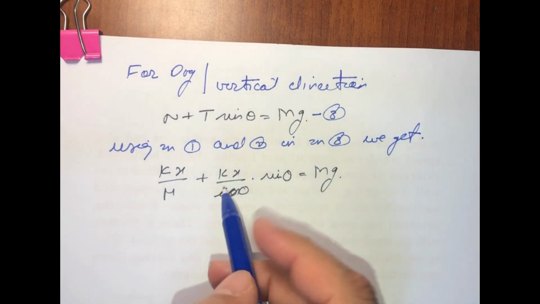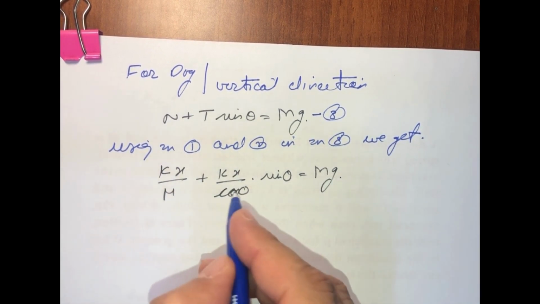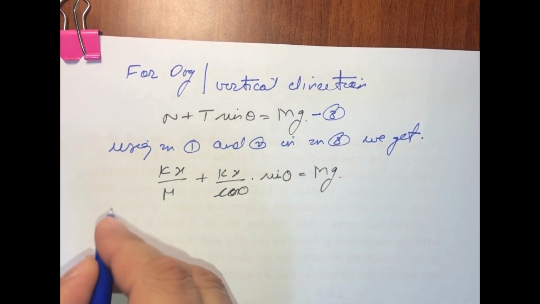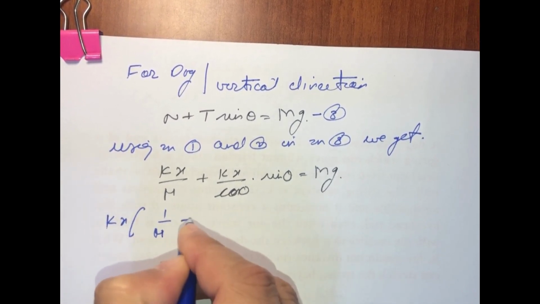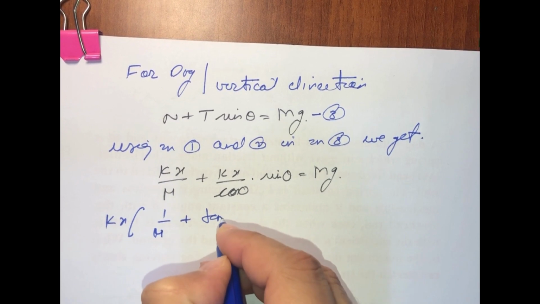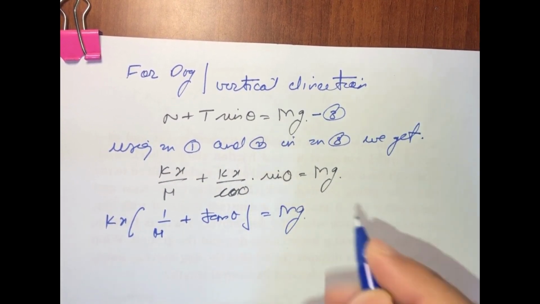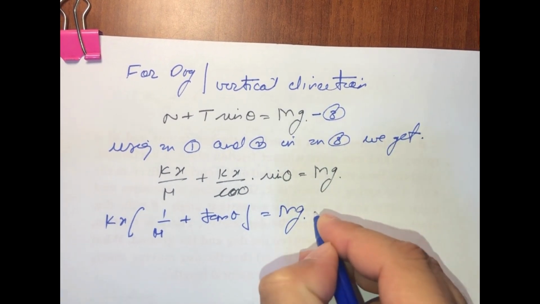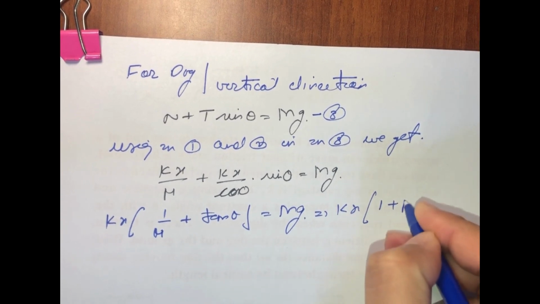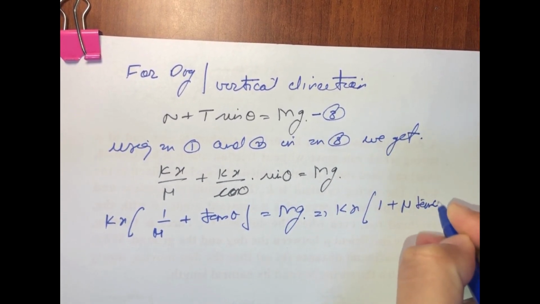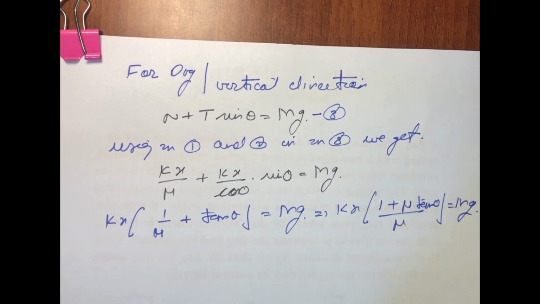So here we can take kx as common. We get kx times (1 upon mu plus tan theta) equal to mg, which can be further solved as kx times (1 plus mu tan theta) divided by mu equal to mg.